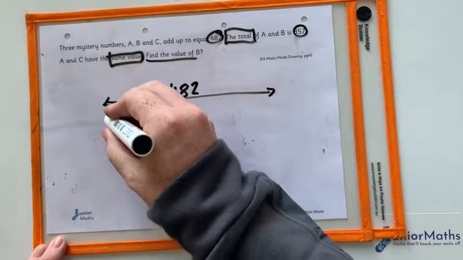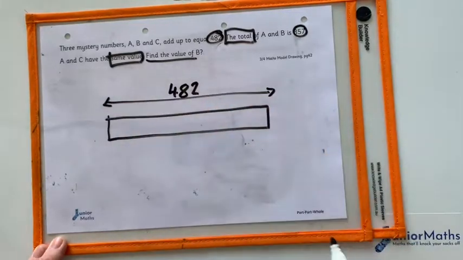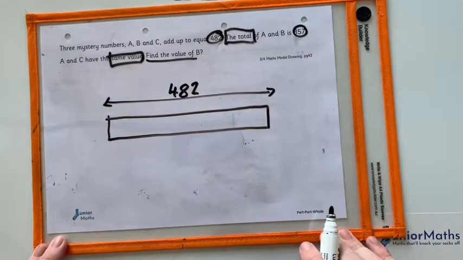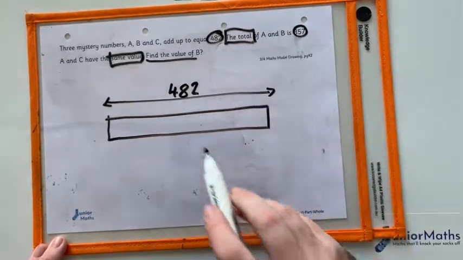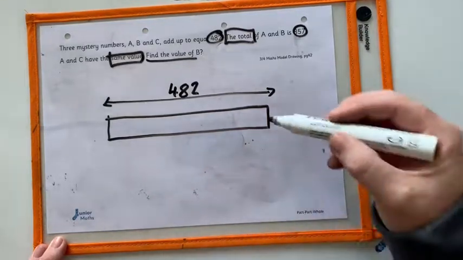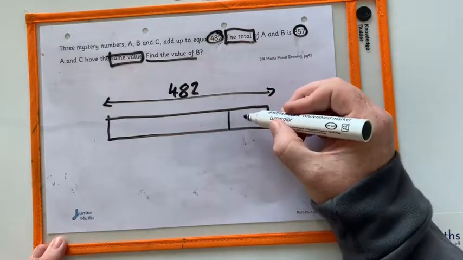Now, if I draw my bar, for A and B equals 357. The total is 482, which means I'll see if I go a bit better here. So C is roughly here.